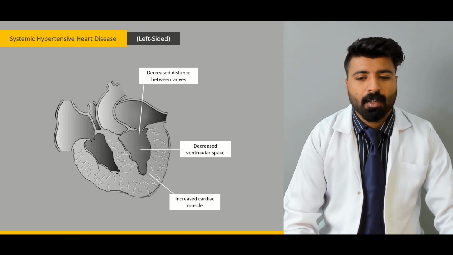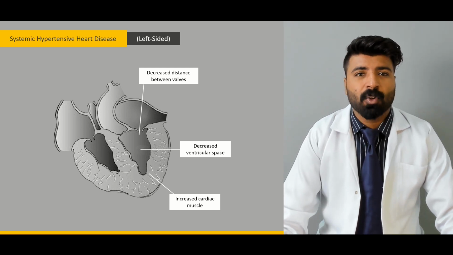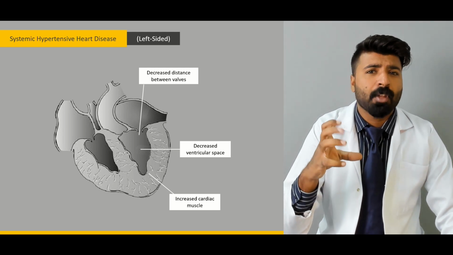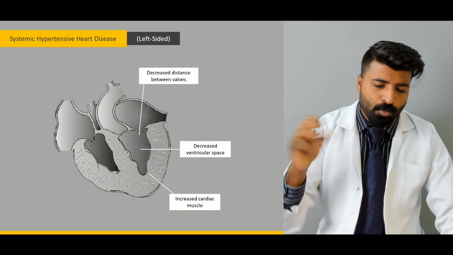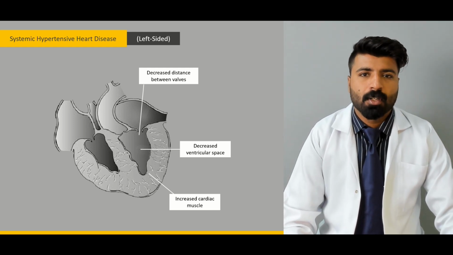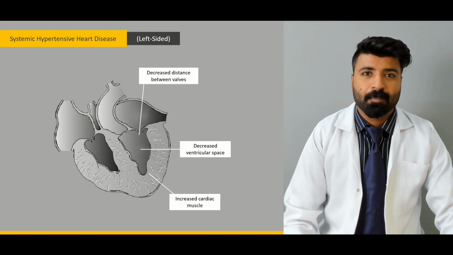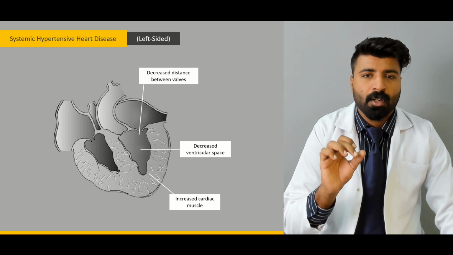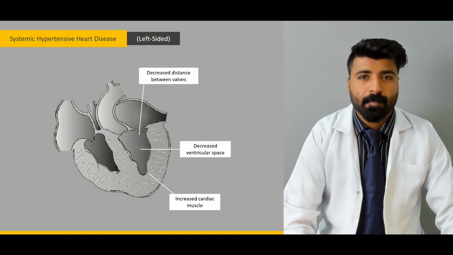So what will happen? More and more left ventricular hypertrophy, and more left ventricular force will be produced to eject a greater proportion of blood out of it, so that it can be 60. So it can be exactly that amount which is required for the body.